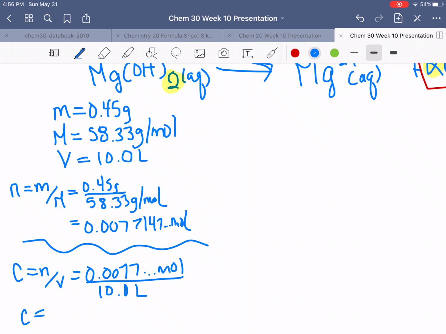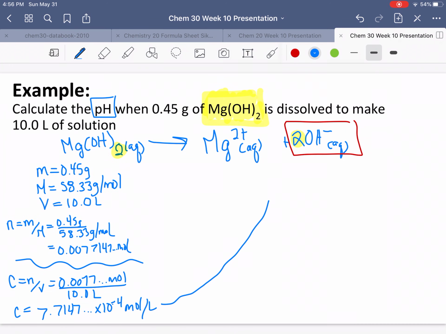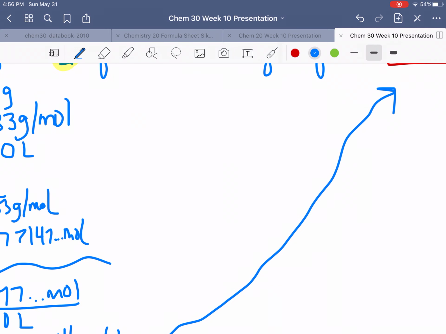Concentration of the magnesium hydroxide is 7.7147... times 10 to the negative 4 moles per liter. All right, guys, you need to use the mole ratio to relate this to hydroxide, right? This is the concentration of the magnesium hydroxide. To relate it all the way over here to hydroxide, use the mole ratio. I get pretty lazy about this.